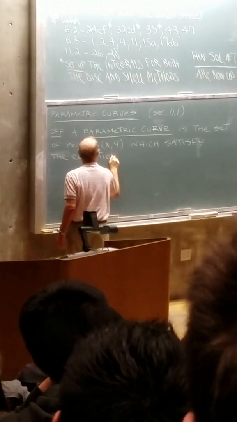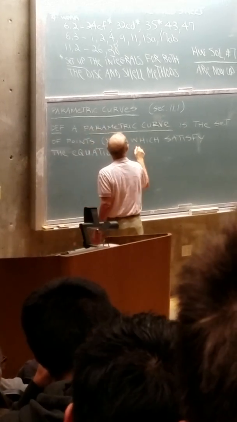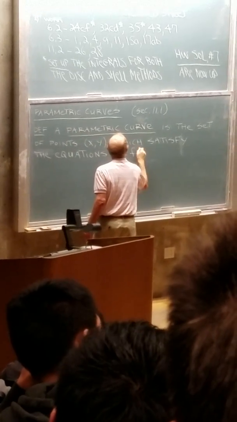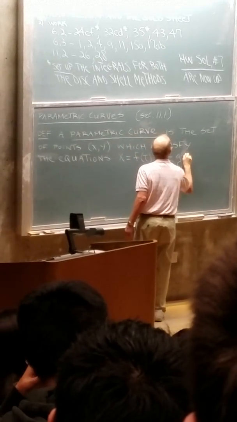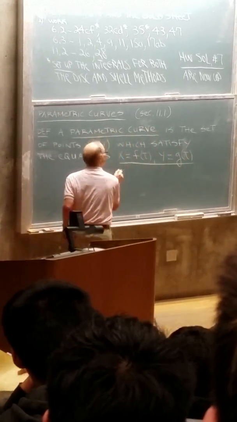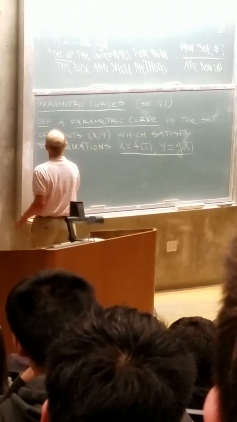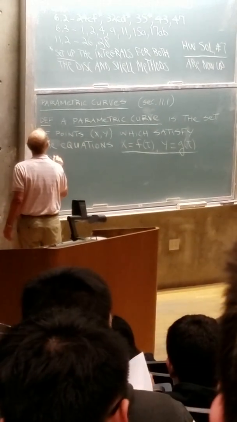So x and y are both given in terms of a new variable t. You have x as some function of t and y as another function of t, for all t in some interval.